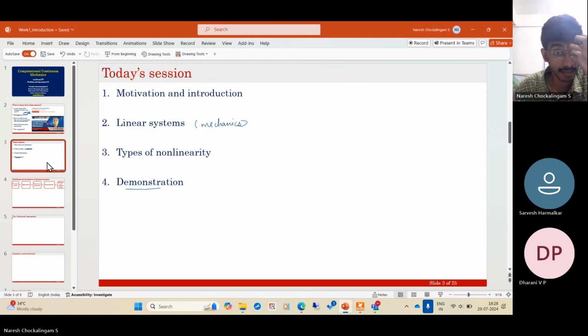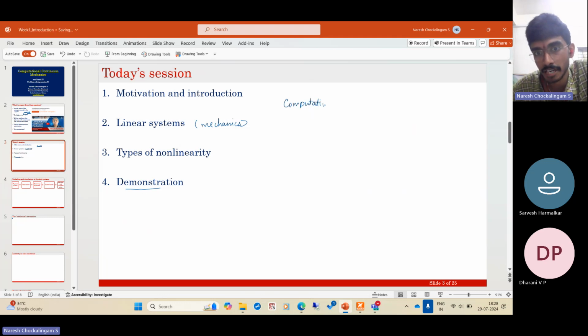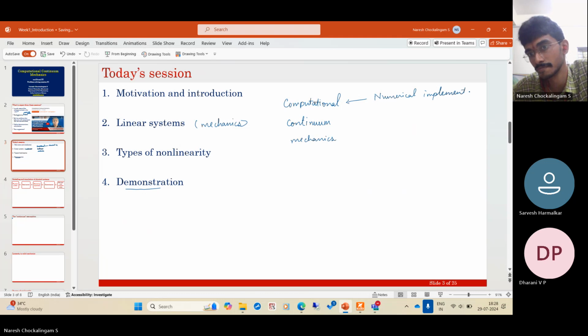So let us start. The course name is Computational Continuum Mechanics. So it has these 3 parts: computational, continuum, mechanics. Computational, as you know, has to do with doing computations. So basically you have some numerical implementations, some things that you solve for.